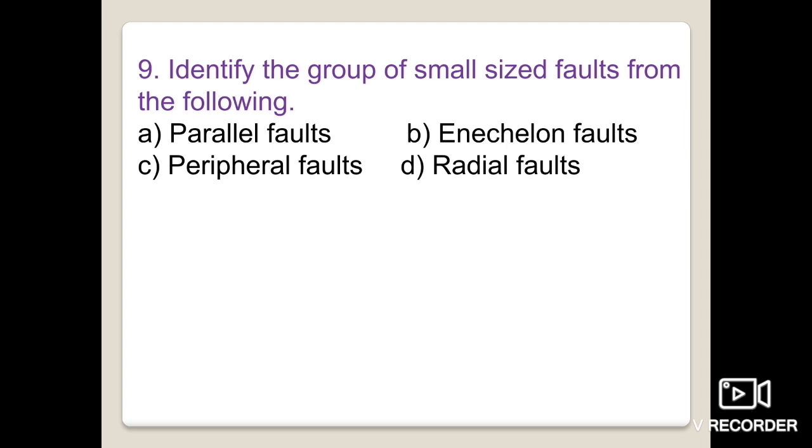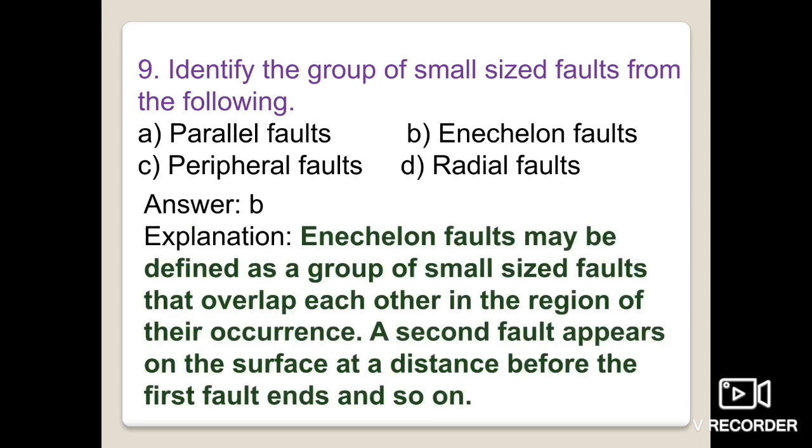Ninth one is, identify the group of small sized faults from the following: parallel faults, en echelon faults, peripheral fault, or the radial fault. So these are basically the en echelon faults. These are relatively very short faults which overlap each other.